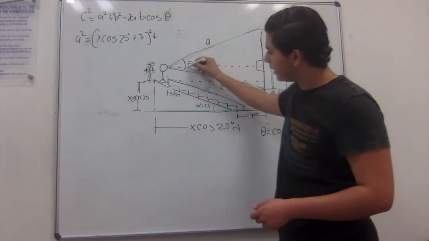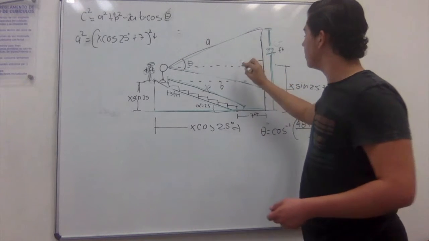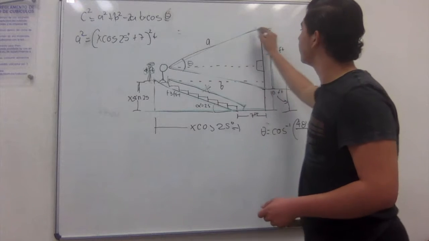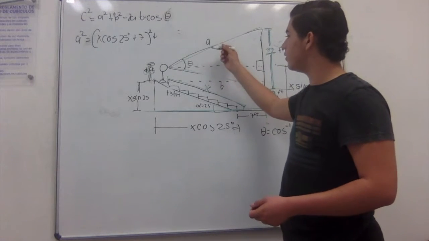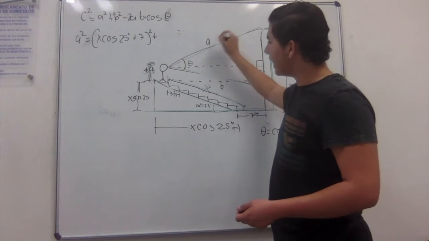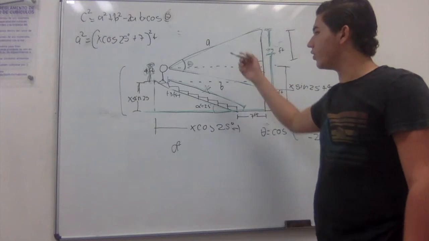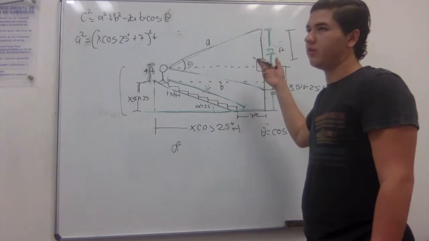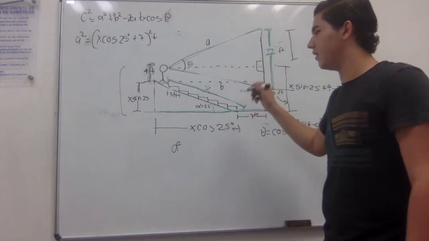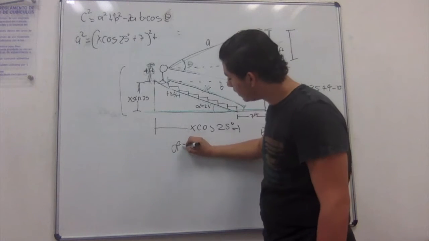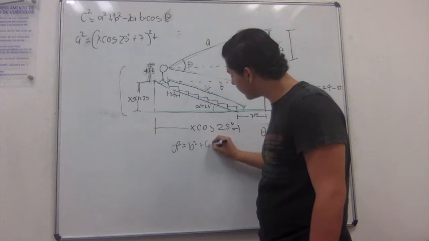We're going to draw a line here from the eyes, and we have a triangle up here. So we are going to get a. To know the measurement of a, we're going to use the theorem of Pythagoras, which says that a squared equals b squared plus c squared.